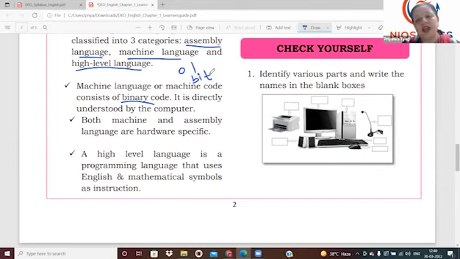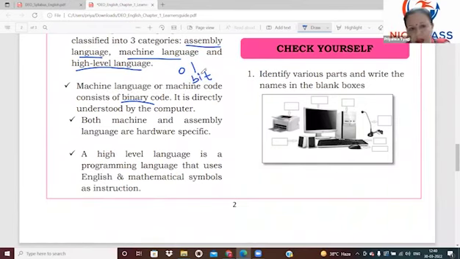Now, machine language. Machine language has certain special codes like binary codes. If I compare machine language with assembly language, machine language is quite advanced. First of all, what is the specialty of machine language? The computer can understand this language directly.